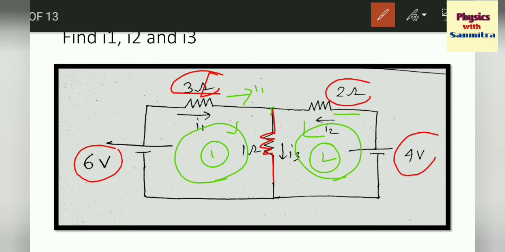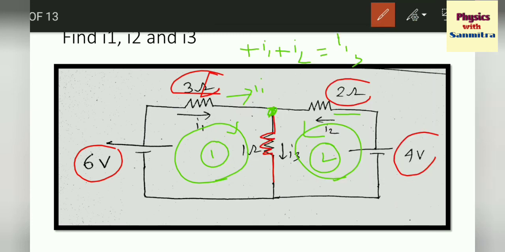Now if we apply KCL at this node, I1 is entering the node, so plus I1. I2 is entering the node, so plus I2. Now I1 plus I2 will be equal to I3, which is leaving the node, because no charge will be stored at the node. So I3 is equal to I1 plus I2. So one variable is already found in terms of the 2 other variables.